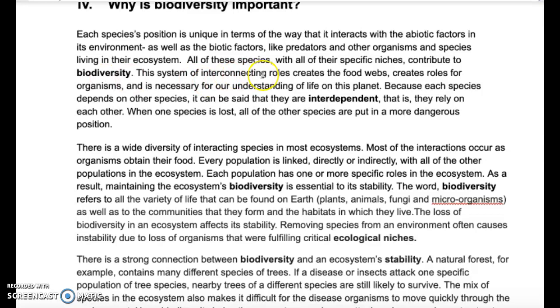This system of interconnecting roles creates food webs, creates rules for organisms, and is necessary for our understanding of life on this planet. Because each species depends on the other species, it can be said that they are interdependent, meaning they rely on each other. When one species is lost, all of the other species are put in a more dangerous position.